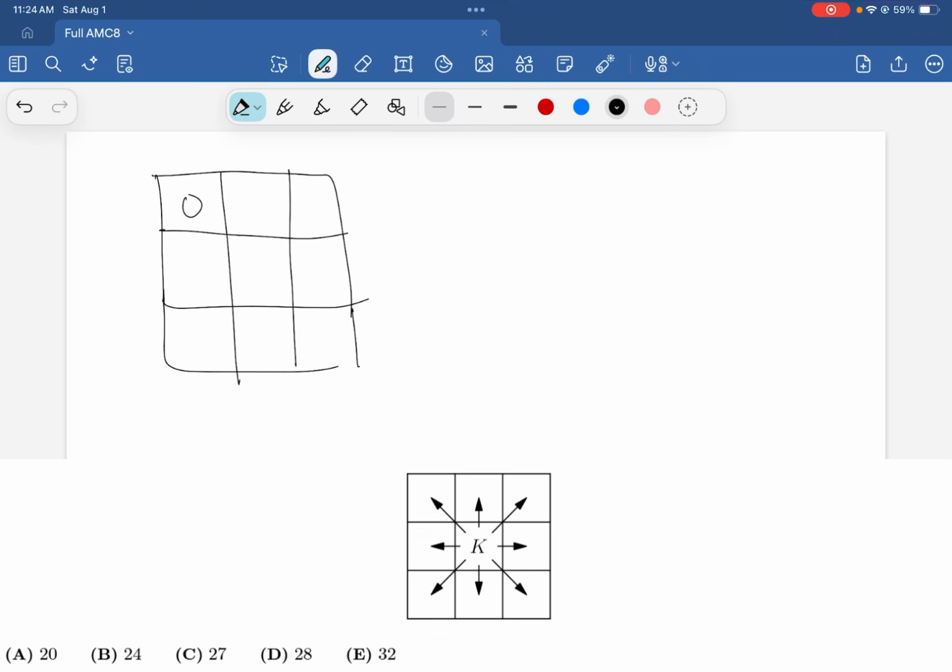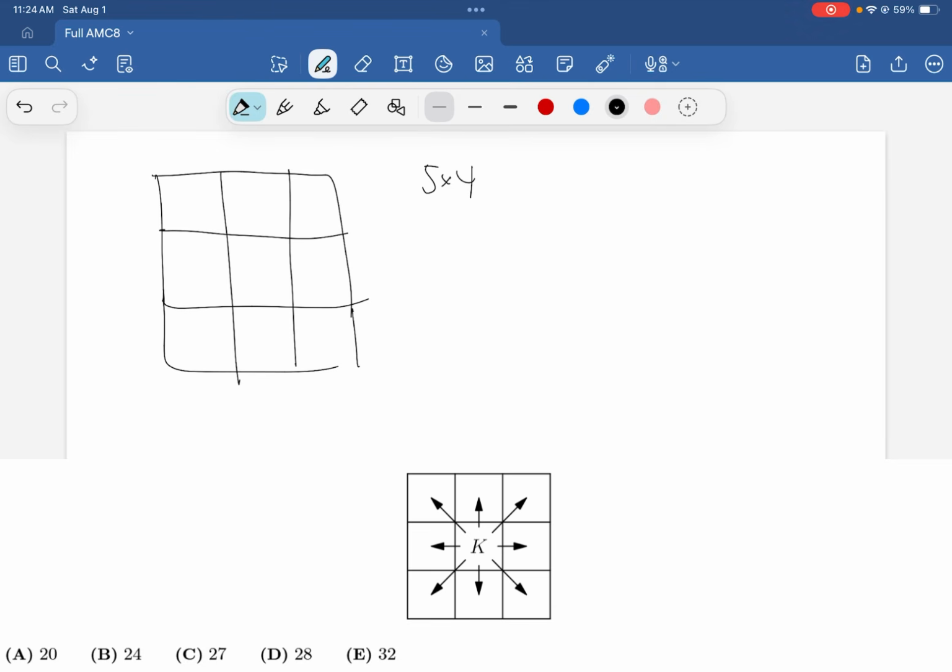So we can just take this and multiply it by 4. So let's say the white king, W, is here. Then the black king cannot be in any of these squares, so it must be in any one of these 5 squares. So there are five options times 4 because there are 4 corners.